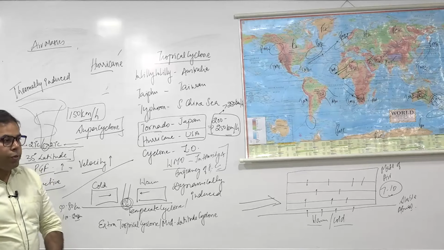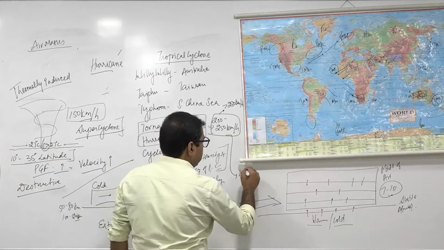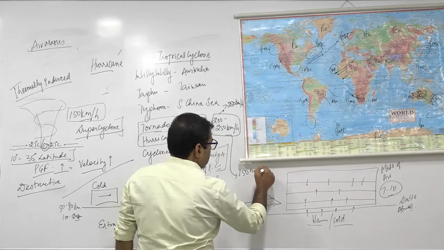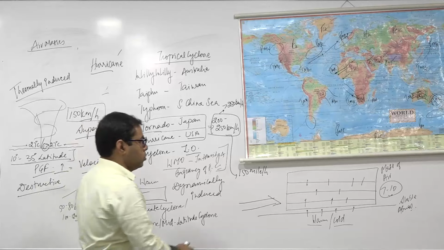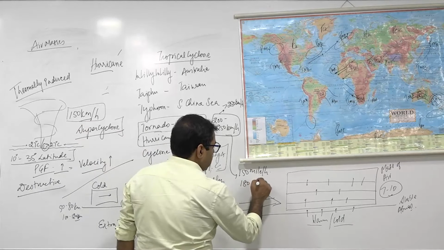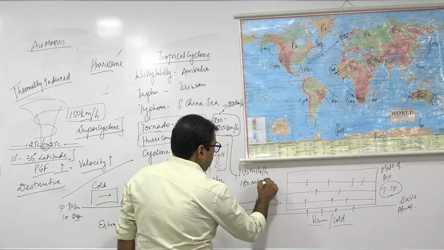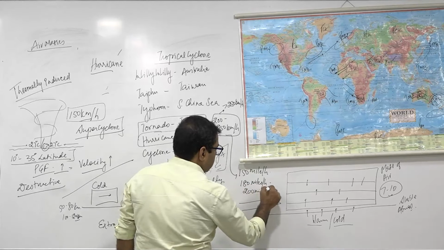Right? Now presently it has been recorded at about 150 miles per hour, and they are saying this will touch about 180 miles per hour to 200 miles per hour.